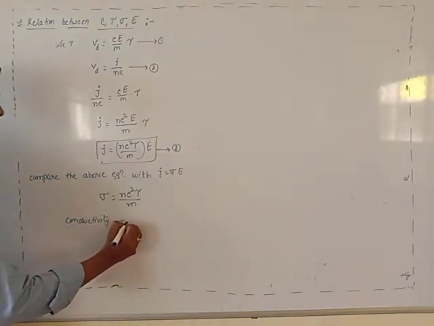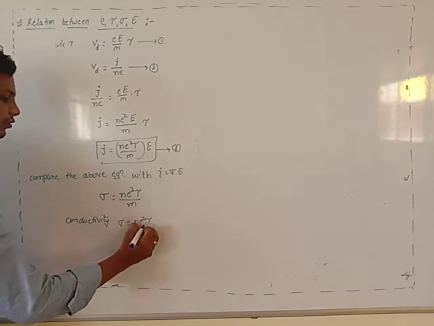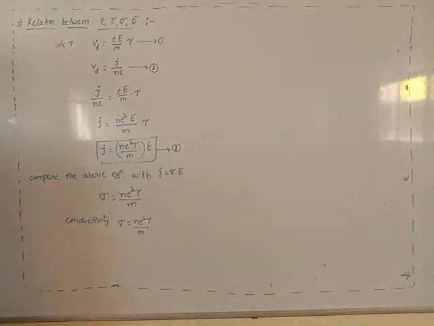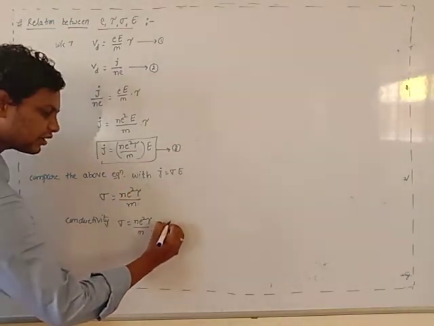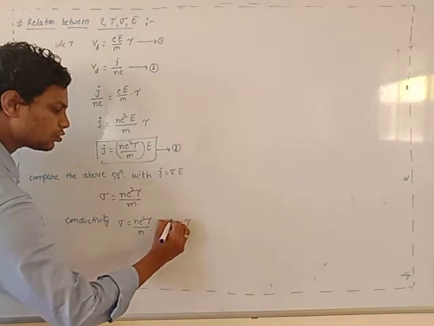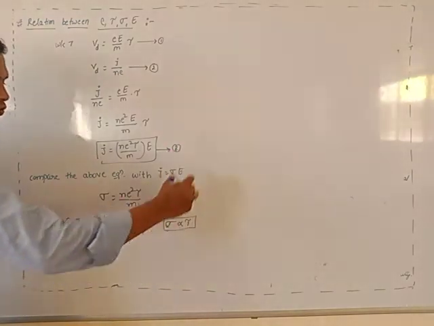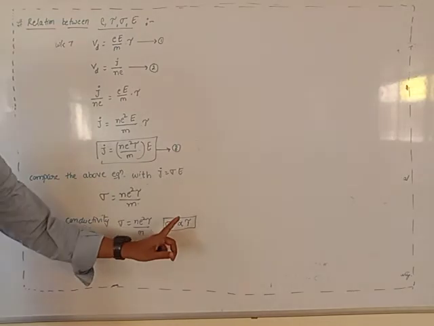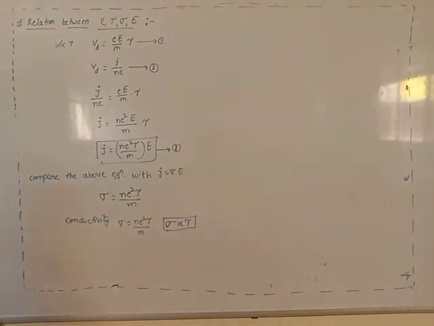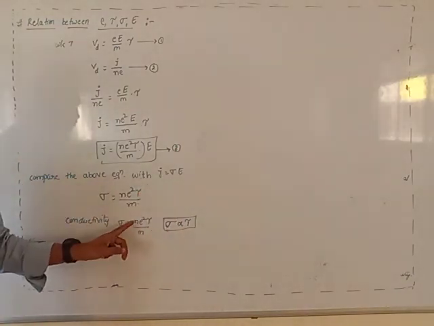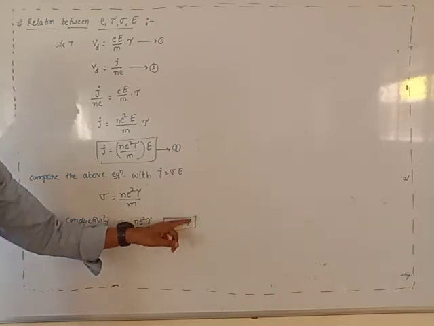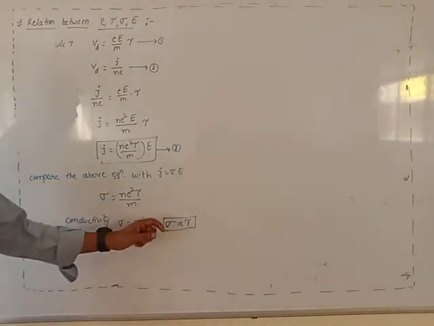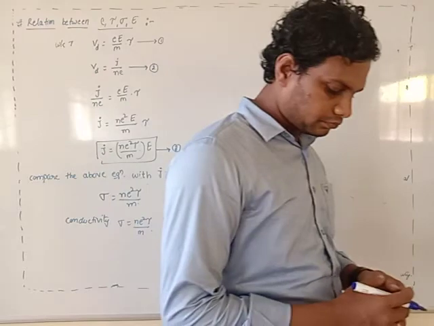Therefore conductivity sigma is equal to Ne square tau by m. From this we can say that sigma is directly proportional to the relaxation time tau. I'll explain about this concept later. So here conductivity sigma is equal to Ne square tau by m, then sigma is directly proportional to tau, where tau is nothing but relaxation time.